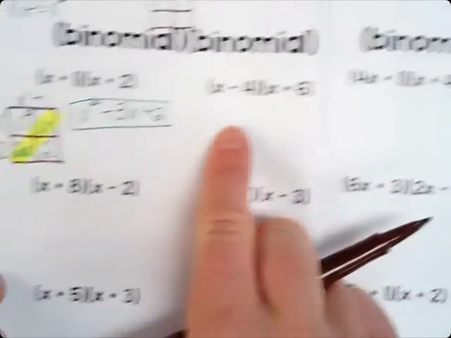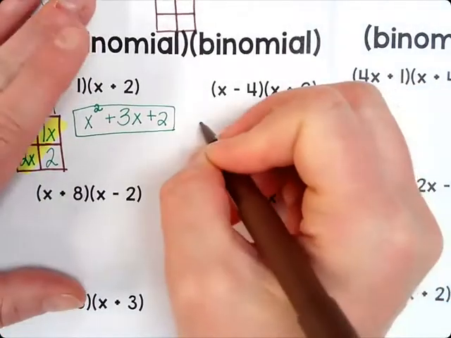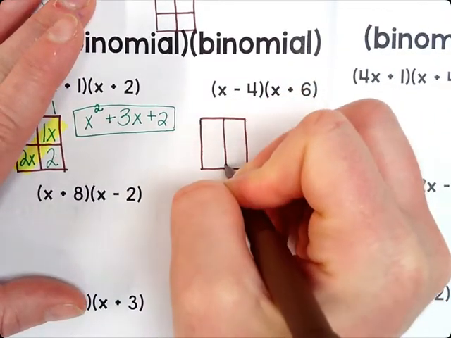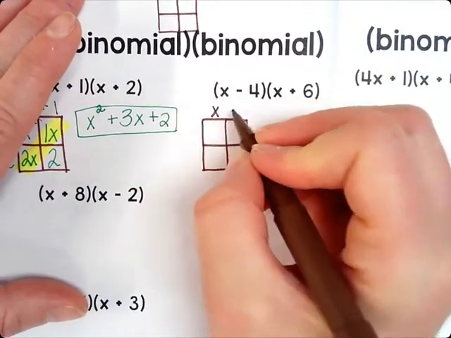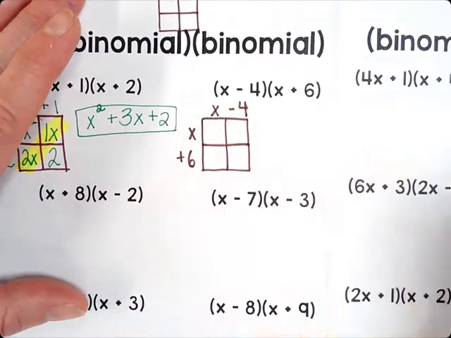Okay, let's go to the next one. X minus 4 times x plus 6. Draw your box. X minus 4 and x plus 6.